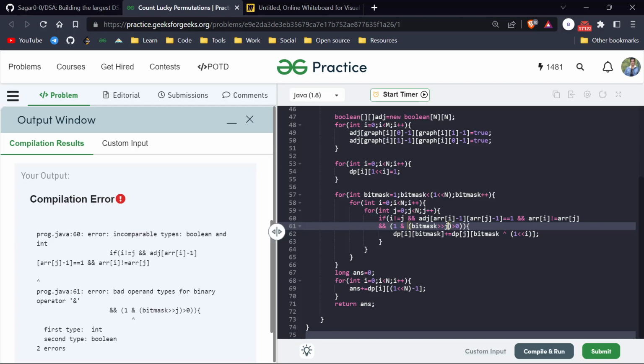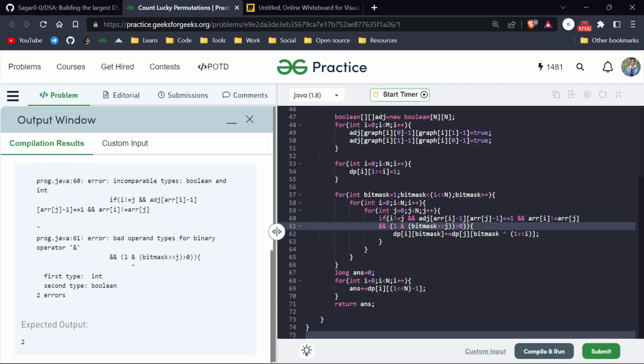This should be greater than 0. I think okay, we have to make a bracket here. And the second one, there is only one error: i minus 1 and j minus 1 equal to 1. So boolean and integer. So this is an incompatible type.